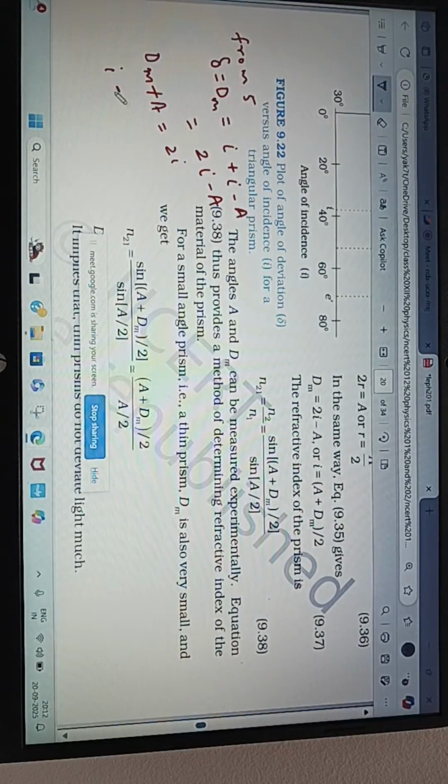Therefore i is equal to what you will get? A plus dm by 2. What is dm? Sir, angle of minimum deviation.